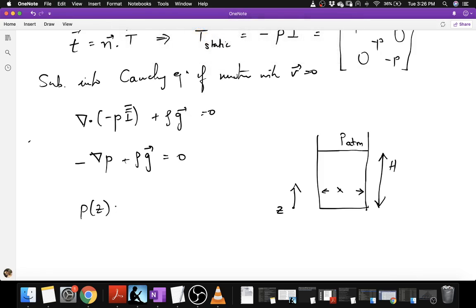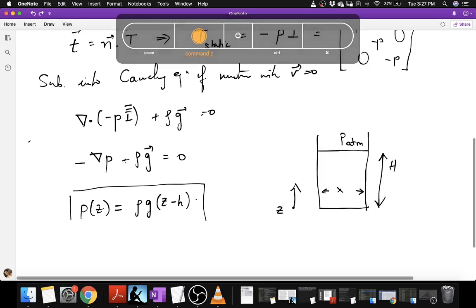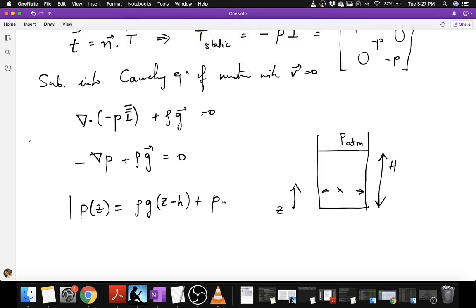Pressure as a function of z must then just be equal to rho G, where of course I use the fact that the G vector is simply the scalar G times e_z. This is what we have, and this is what you would expect. It's basically hydrostatic pressure. You carry the weight, so the pressure balances the weight of the fluid. Plus the atmospheric pressure.